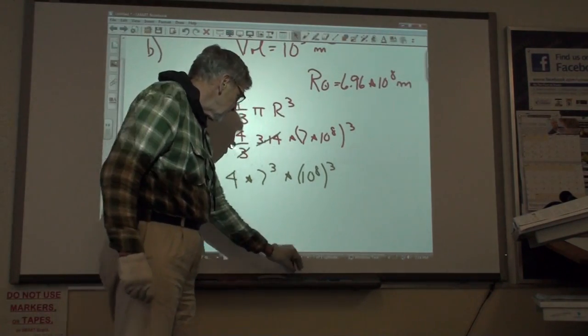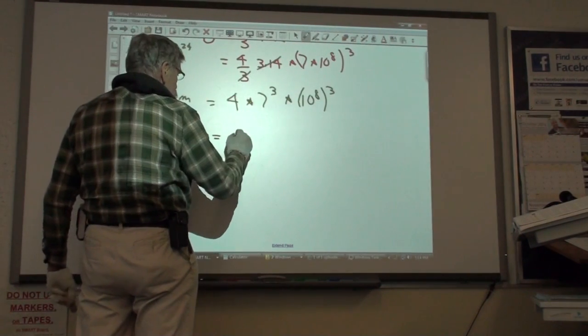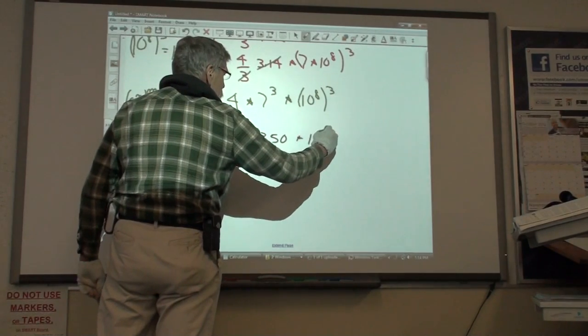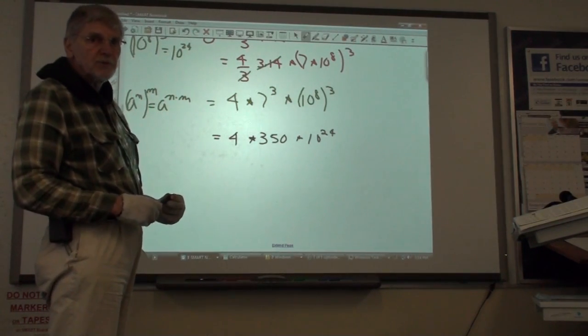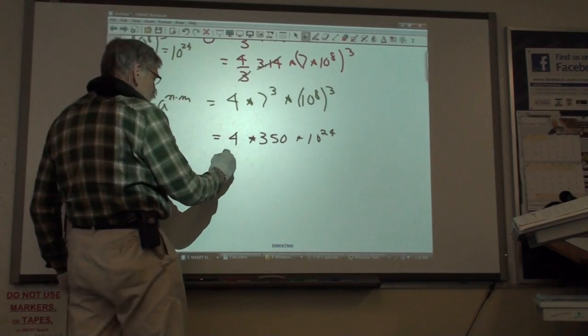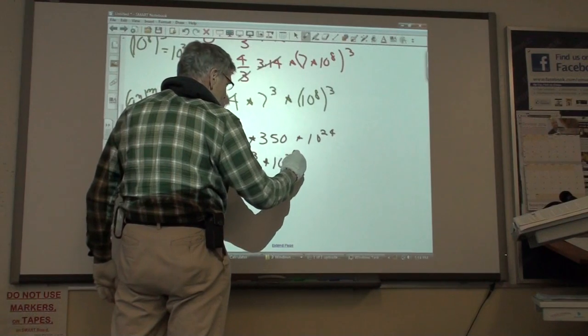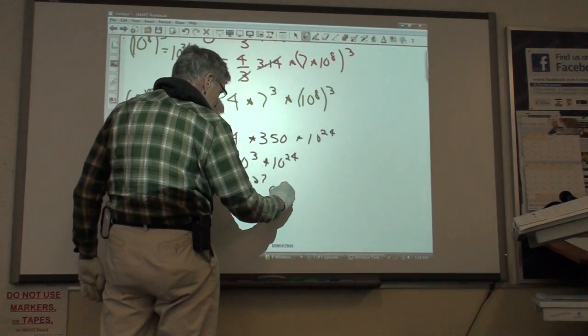Now, 7 cubed is about 350. So this becomes 4 times 350 times 10 to the 24th. And 4 times 350 is about 1,000. So this is about 10 cubed times 10 to the 24th, which is about 10 to the 27th cubic meters.